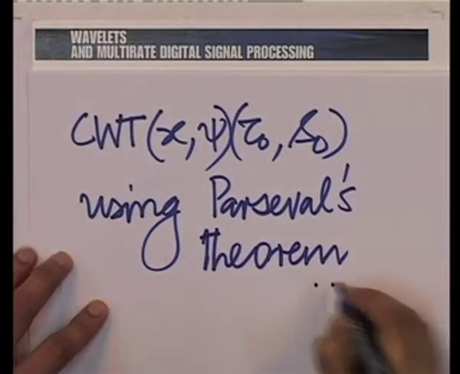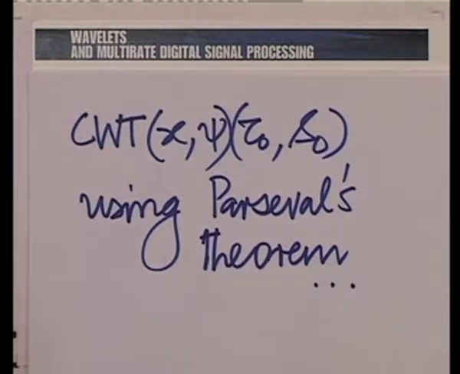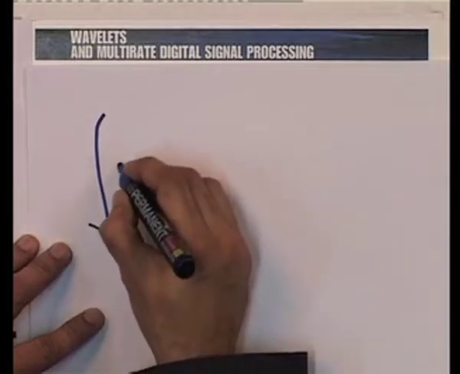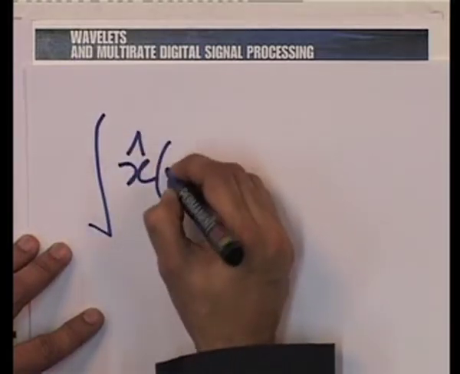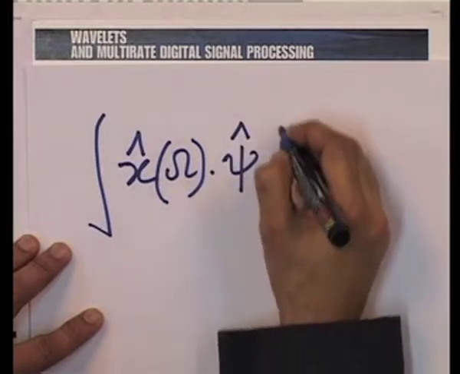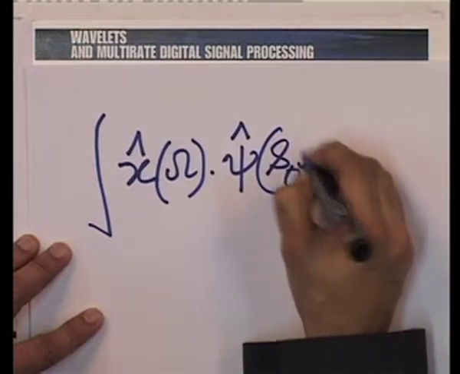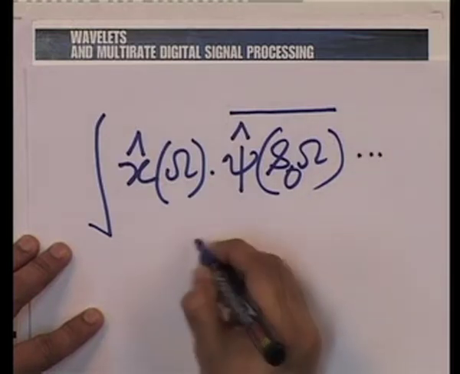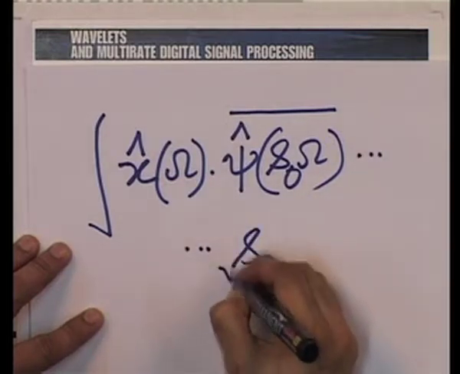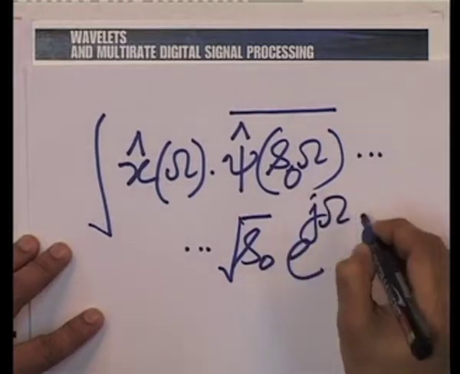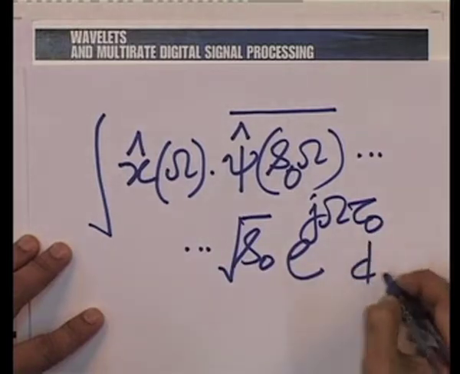So, the CWT using Parseval's theorem is essentially x cap omega, psi cap S naught omega complex conjugate, multiplied by the square root of S naught, and then multiplied by e raised to the power j omega tau naught, integrated over all omega.